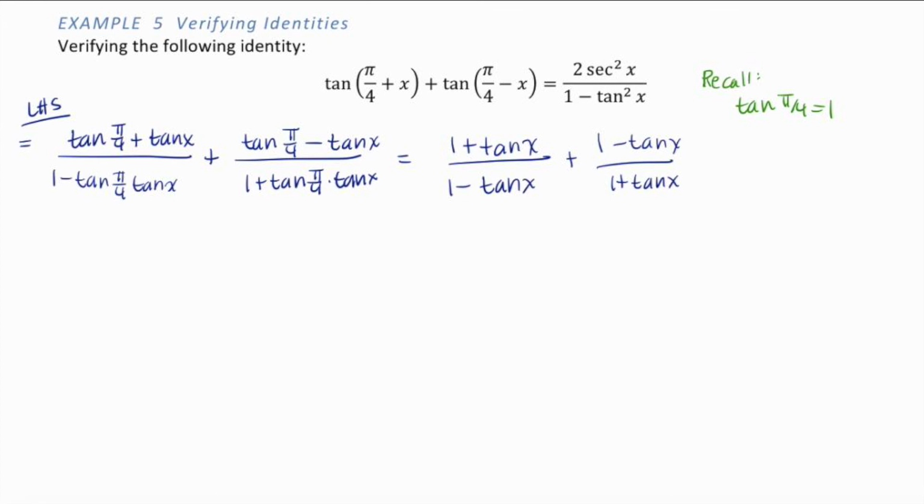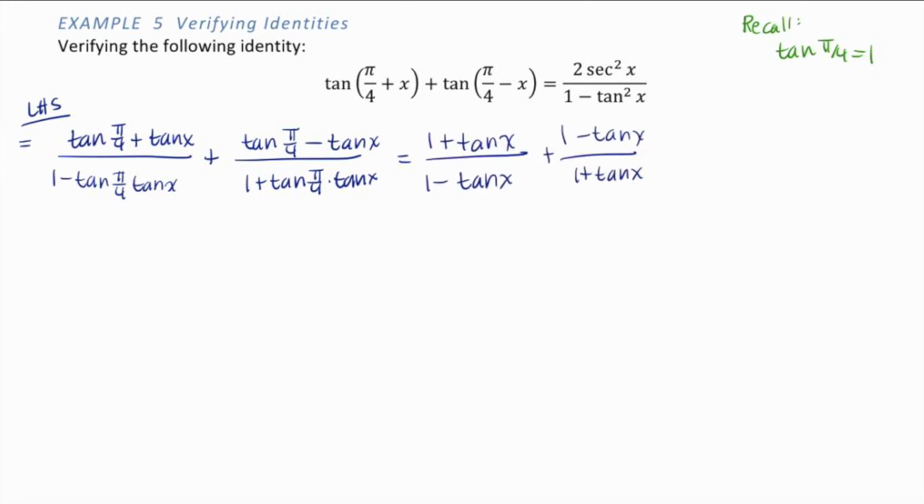So we can continue to add these together. We just need to find a common denominator. So this whole expression becomes 1 plus tangent of x divided by 1 minus tangent of x.